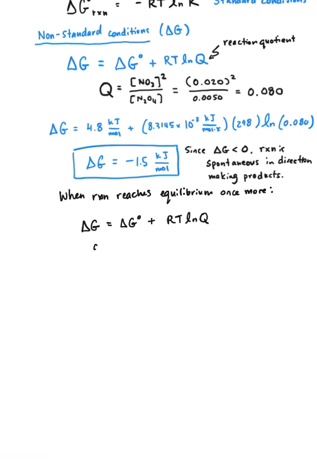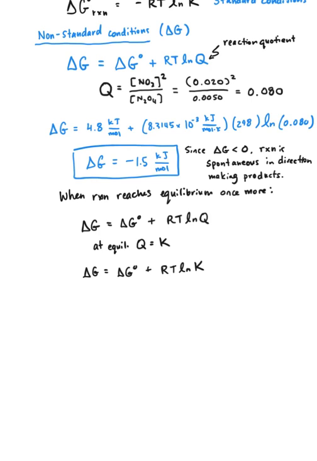We know that at equilibrium, the value for Q will exactly match the value for our equilibrium constant K. So delta G would be equal to our standard Gibbs energy plus RT times the ln of K, because K is the same thing as Q at equilibrium.